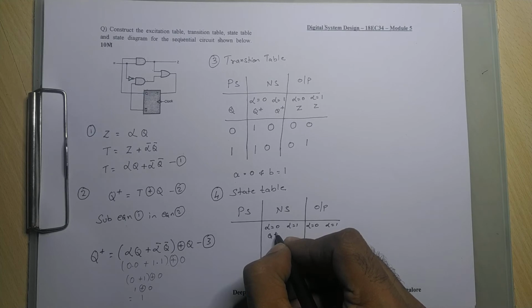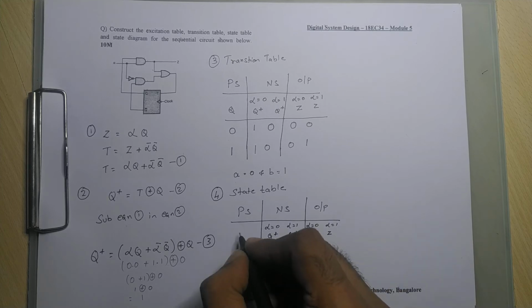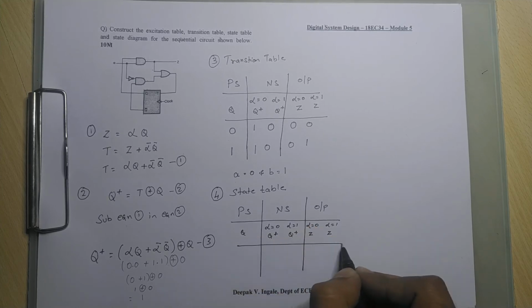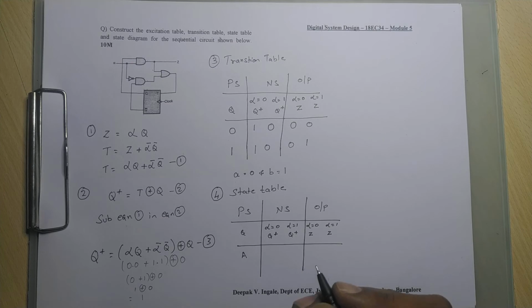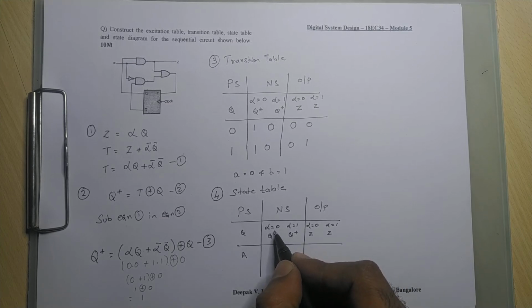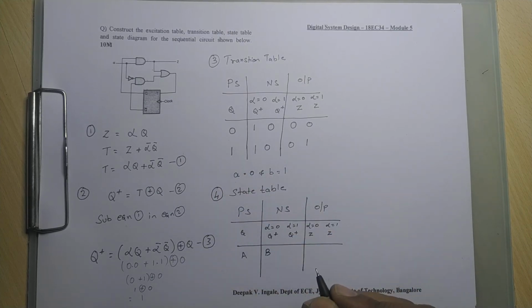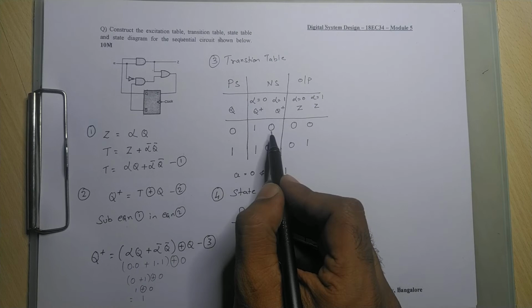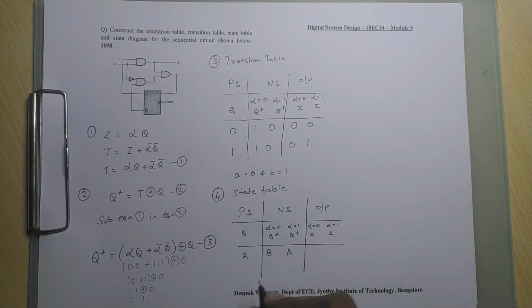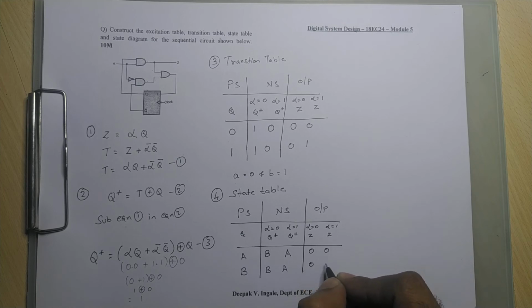This will be my Q plus, this will be my Z. If I am in state A and alpha equal to 0, so 0 to 1, meaning I am going to state B. Similarly, if Q is 0 and alpha is equal to 1, I am in state A, retain in state A. Similarly, for B, it is going to be B A, and the outputs will be represented as zeros and ones only.